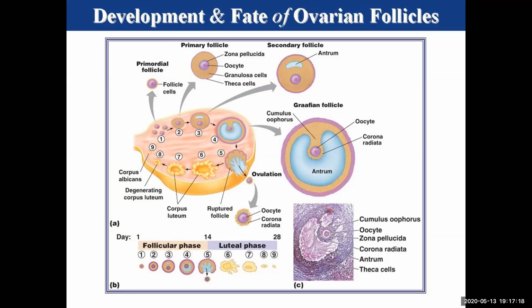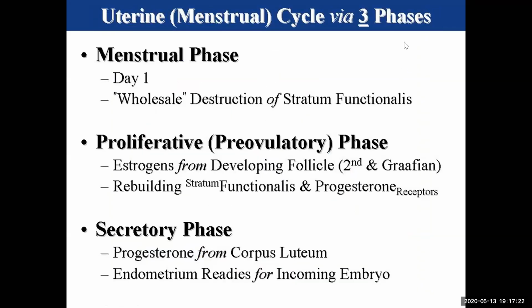Moving on to the other cycle, the uterine cycle. The difference between the two is that the uterine cycle is divided into 3 phases. This corresponds to the picture in figure 22.16, page 652.